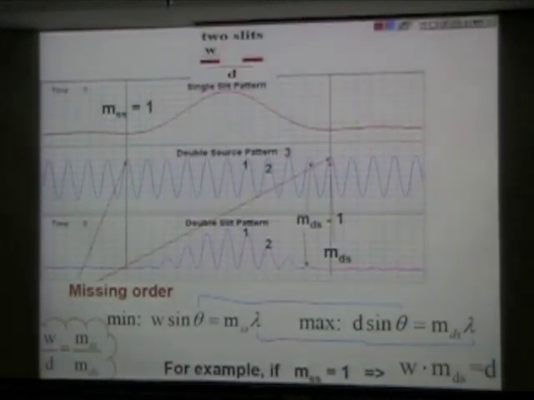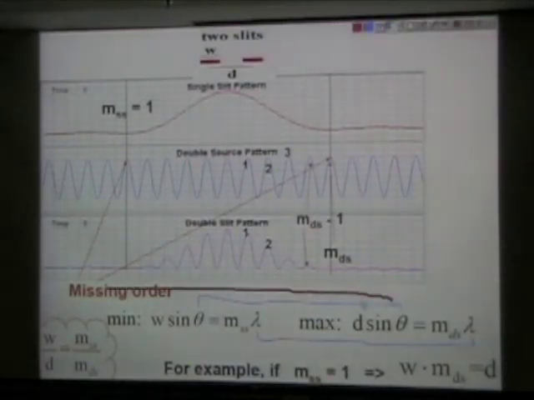And we can relate the distance between the slits and the width of each individual slit now using these two patterns together. Basically what we say is that, let's say this is a screen.